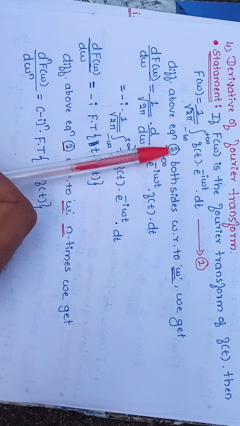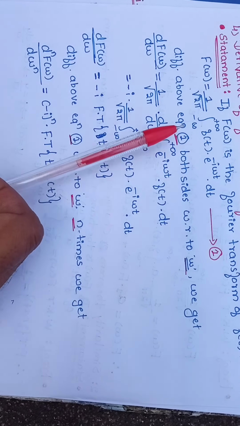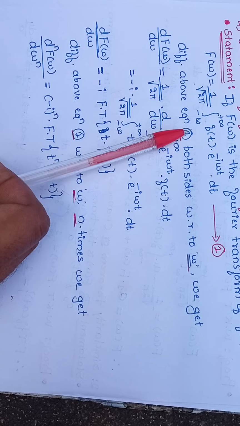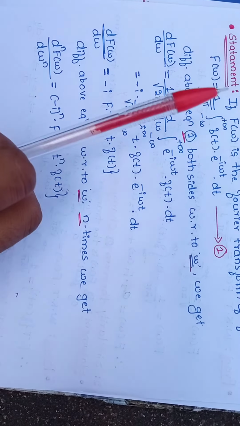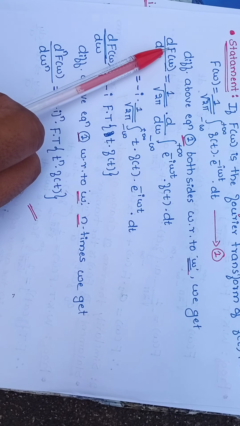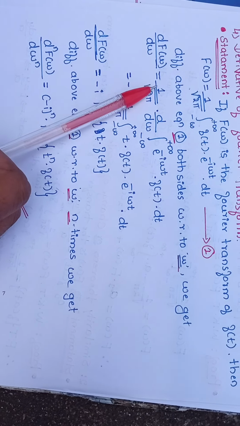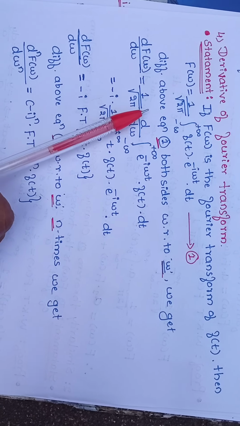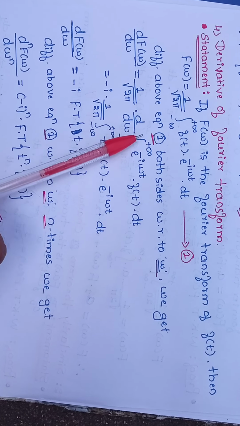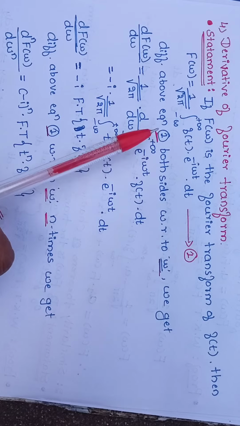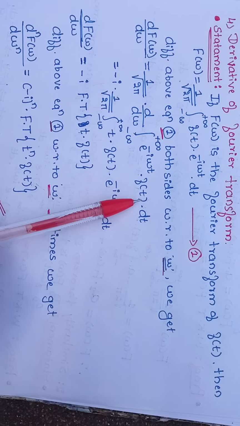Now you have to differentiate equation 1 with respect to omega on both sides. We get dF of omega divided by d omega is equal to 1 divided by square root of 2 pi into d by d omega of the integration from minus infinity to plus infinity of e raised to minus i omega t into f of t into dt.